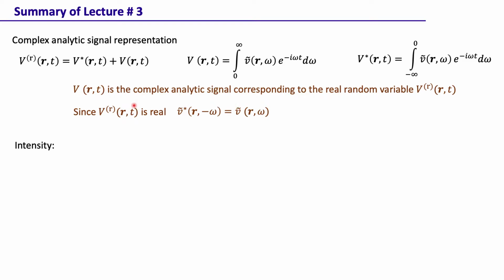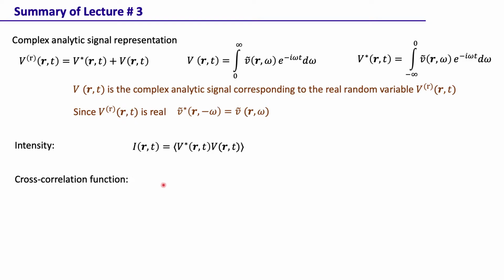Then, using this complex analytic signal representation, we saw how to define intensity and other correlation functions. First of all, the intensity is defined as the ensemble average of V star V, and this ensemble average we had already discussed in the previous lecture.